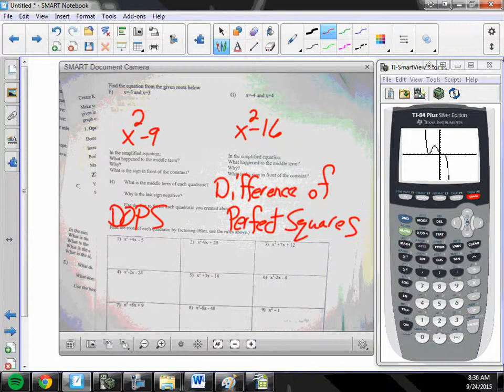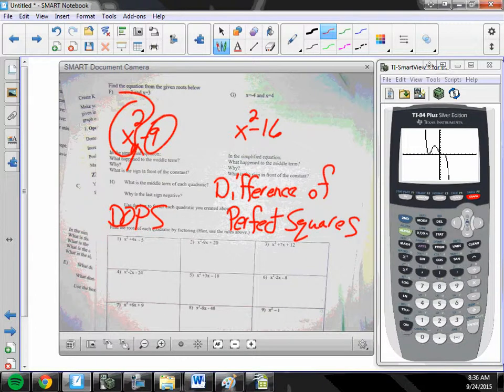Is there something to the second power that equals x squared? X. Is there something to the second power that equals 9? 3. Okay? And there's a subtraction in the middle. Would this work if that subtraction was not a subtraction, but it was a positive 9? Why not?